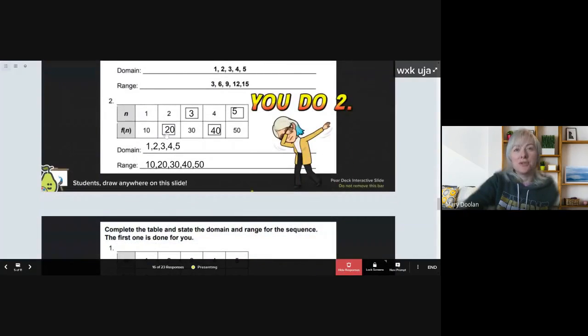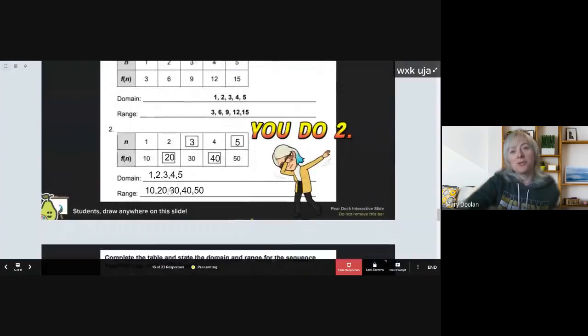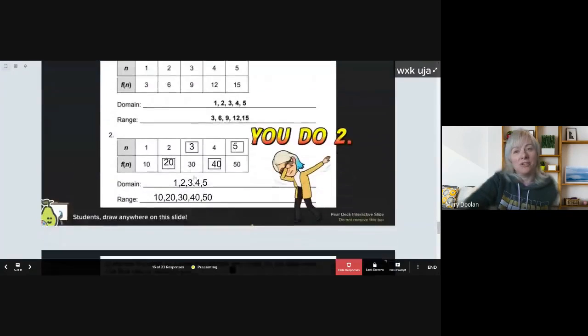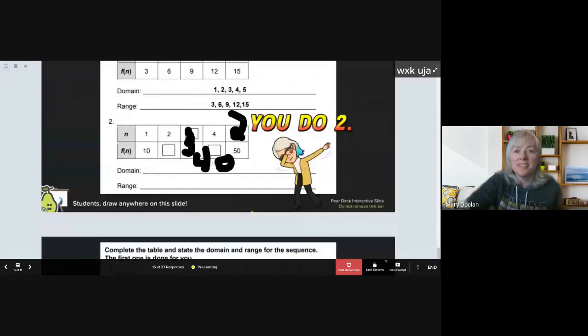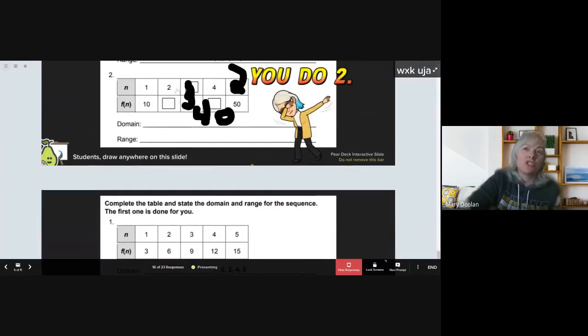Now, if you wanted to notice which one is yours when it pops up, you can always use a different color. And you'd be like, oh, there's my work. Or put a random dot here. That would also work. So you can use the writing tool to draw in the answers. And you can change the size of the pen that you're using.